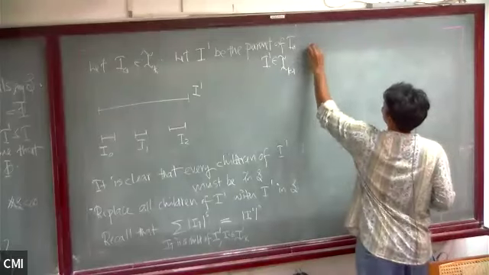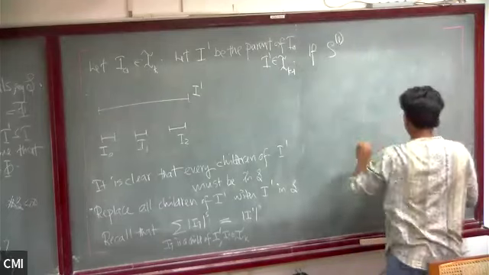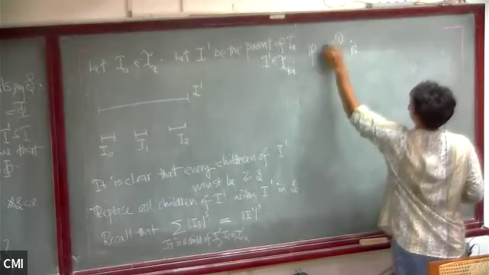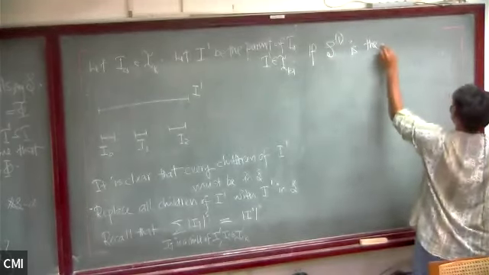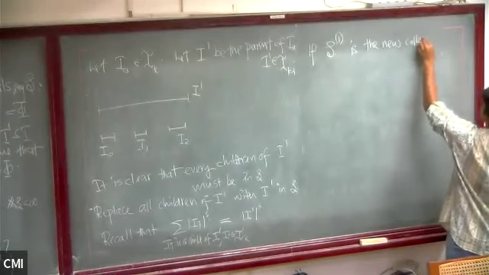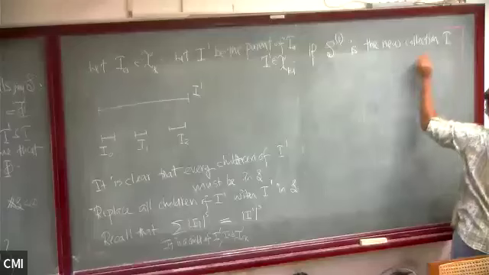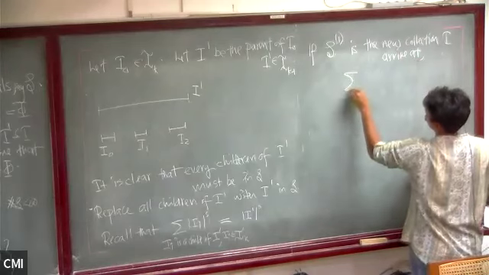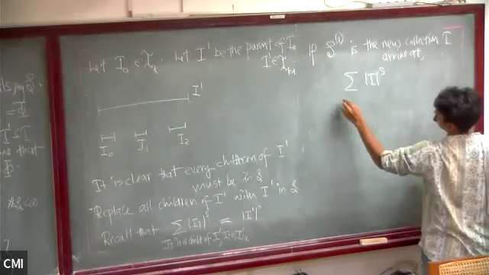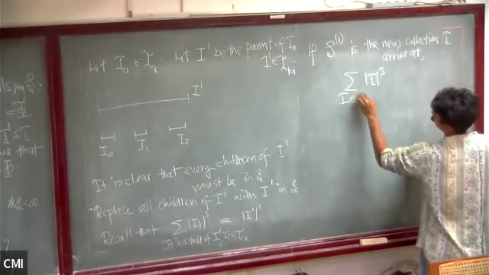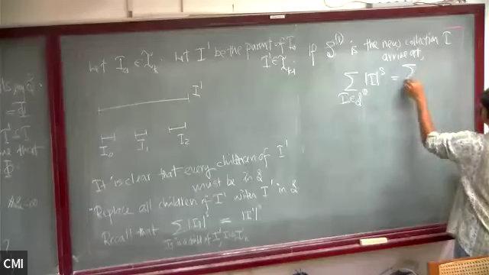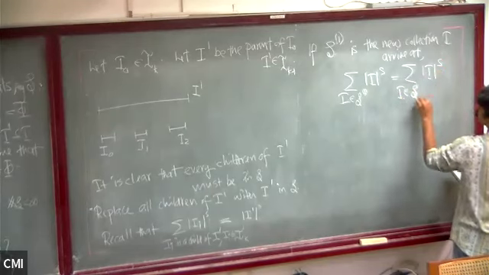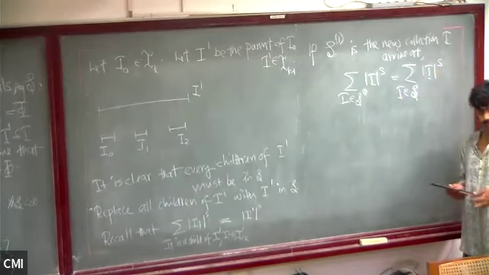So if curly S1 is the new collection that I have obtained, then for this new collection, I see that the S sum is the same as the S sum for the old collection, right?